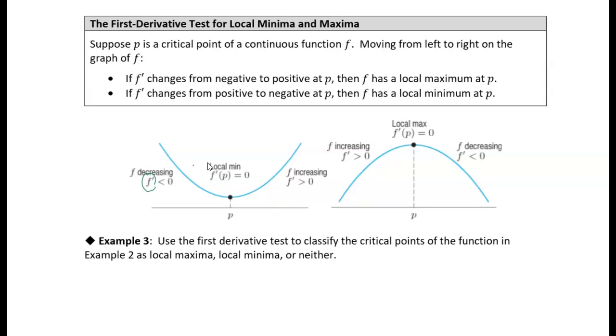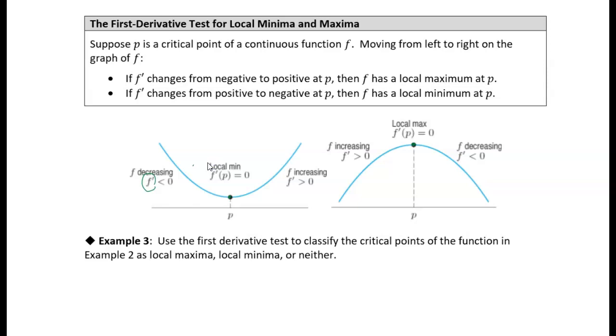If the derivative of f goes from negative to positive, that means that the function is going from decreasing to increasing, right? And that's the case where we're going to have a local minimum. Now, if the function is going from increasing, where the derivative is positive, to decreasing, then we're going to have a local maxima.